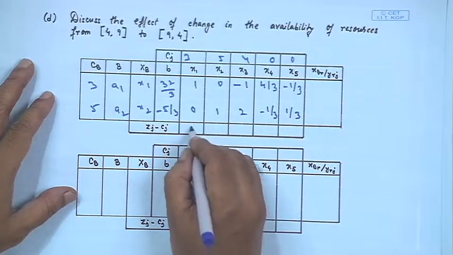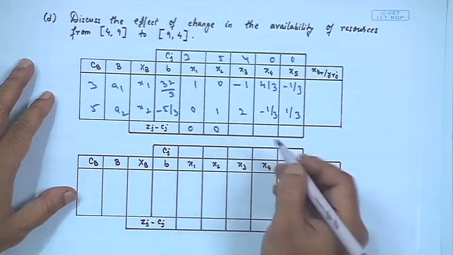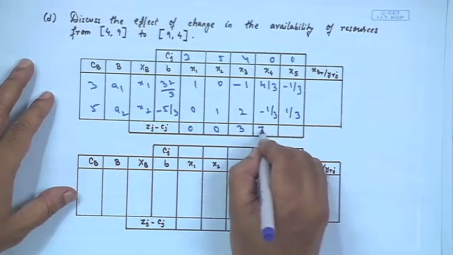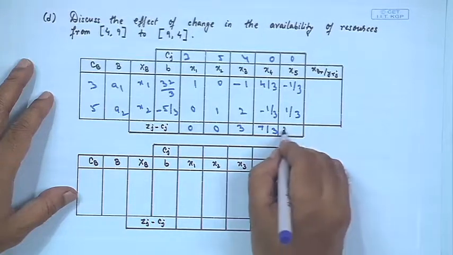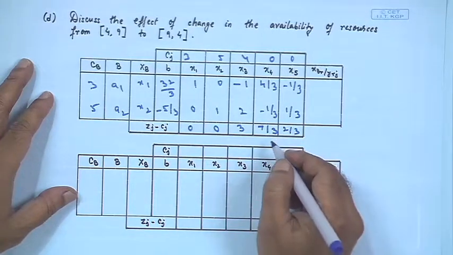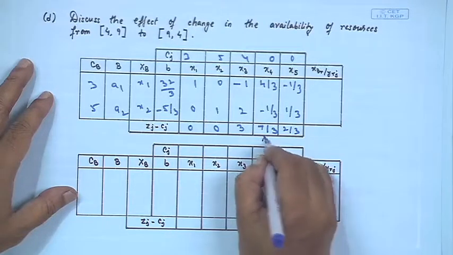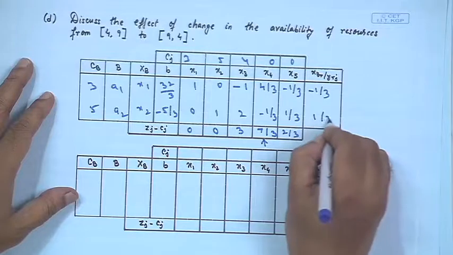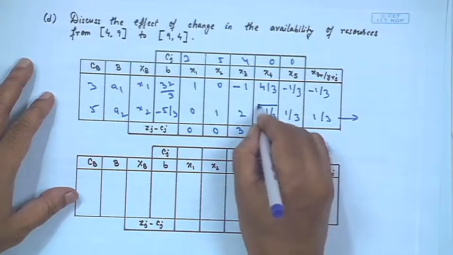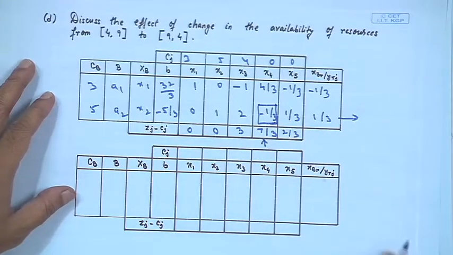Zj minus Cj values are 0 0 0 0 0 3, 7/3 and 2/3. Here I have to take this one, minus 1/3, and this will be 1/3. So, this is the outgoing vector, therefore this is your pivot element.